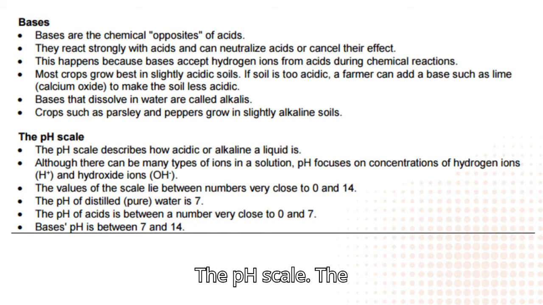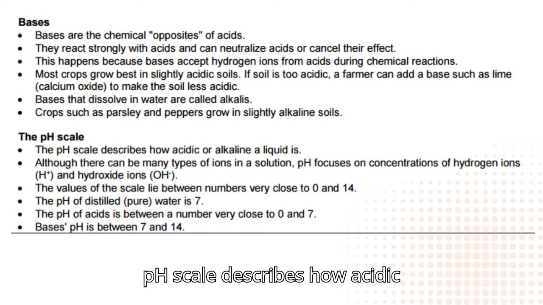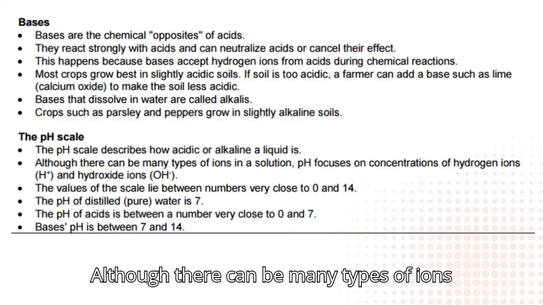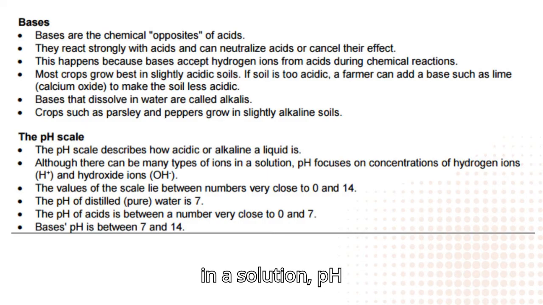The pH scale. The pH scale describes how acidic or alkaline a liquid is. Although there can be many types of ions in a solution, pH focuses on concentrations of hydrogen ions, H+, and hydroxide ions, OH-.